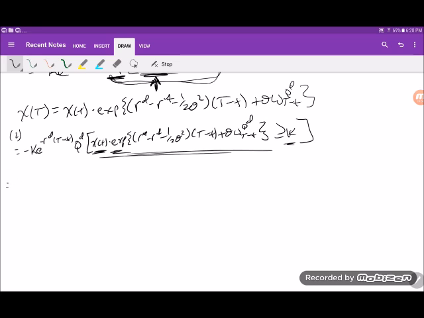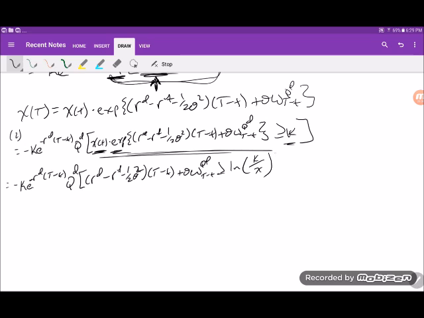In doing that, I would have negative K e^(-r_d (T minus t)) times the Q_d probability that (r_d minus r_f minus 1/2 sigma squared)(T minus t) plus sigma W^Q_d is greater than ln of K over x.